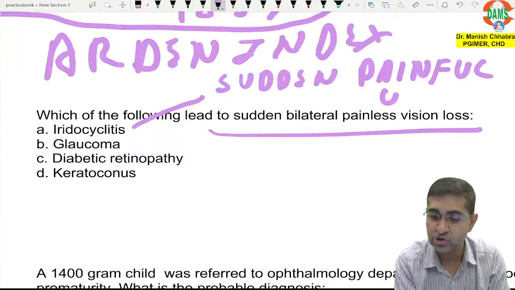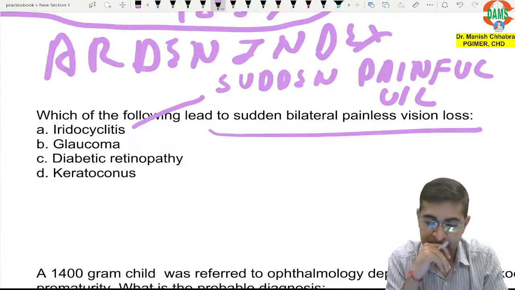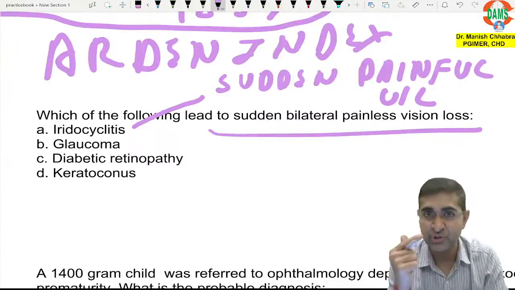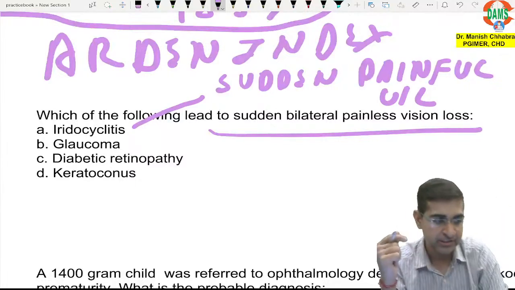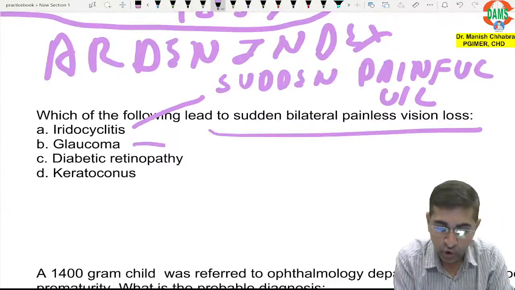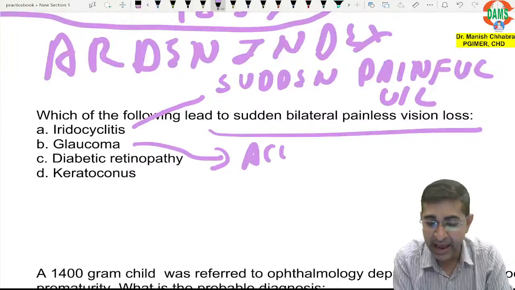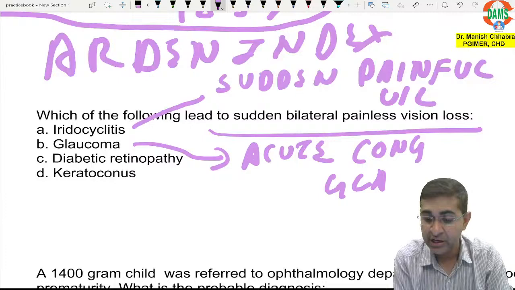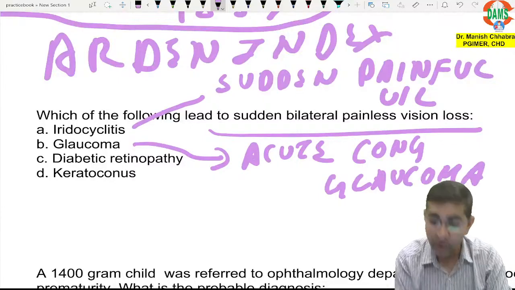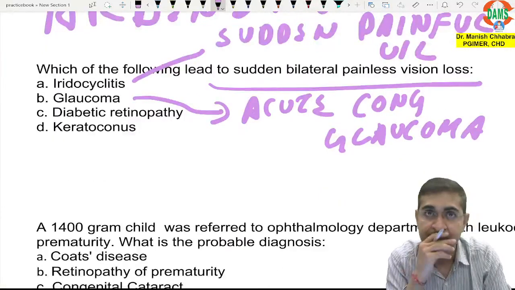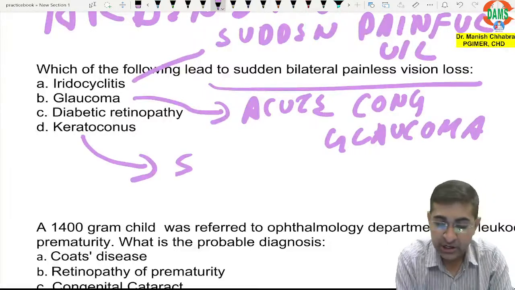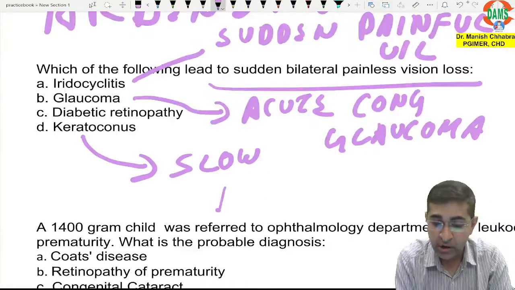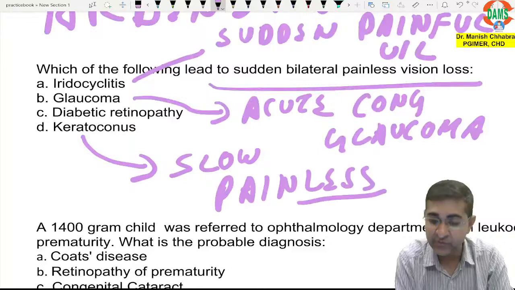It is usually unilateral, but sudden and painful. So painful, you can eliminate this. Then glaucoma, specifically acute congestive glaucoma, is sudden painful loss of vision again. Keratoconus is slow painless loss of vision.